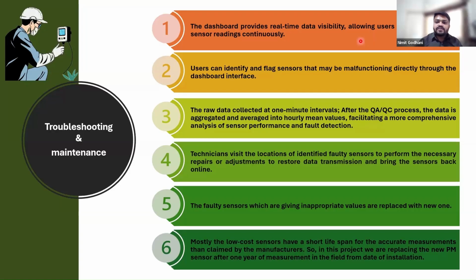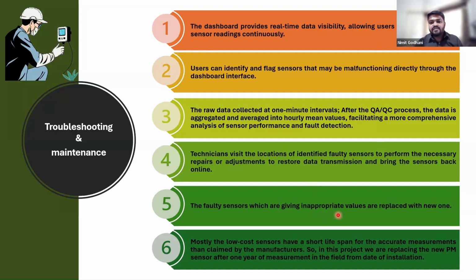So what we do is, if any sensor does not give a proper reading for at least 72 hours, then we flag that sensor as a malfunctioned sensor, and we send our technicians to check on the site, and we follow the earlier checklist. We repair or adjust or replace the sensor, and then we restart it.